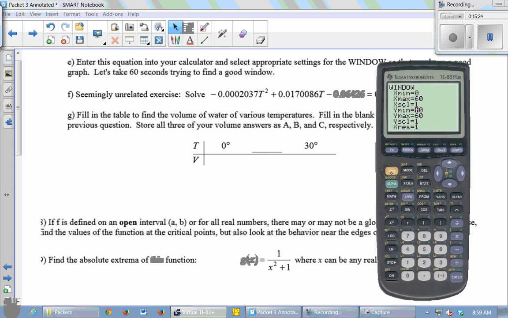If I put in 0, my volume is 999.87, and if I put in 30, my volume is 1003. So maybe I'll go 990 to 1010 or something for y. It's just a first guess.